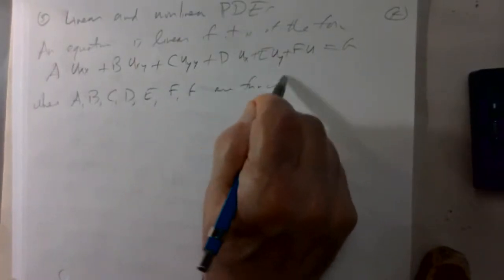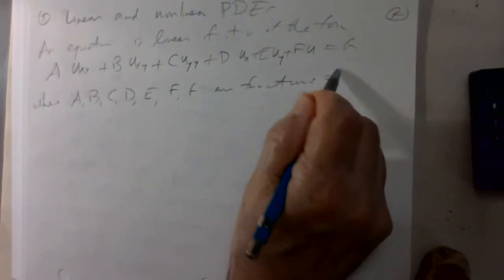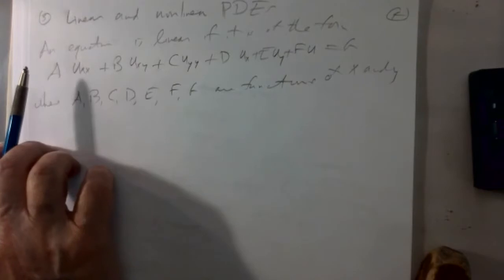So where a, b, c, d, e, f, and g are functions of x and y, but they don't involve u. They could be constants. So you could have a differential equation with constant coefficients.